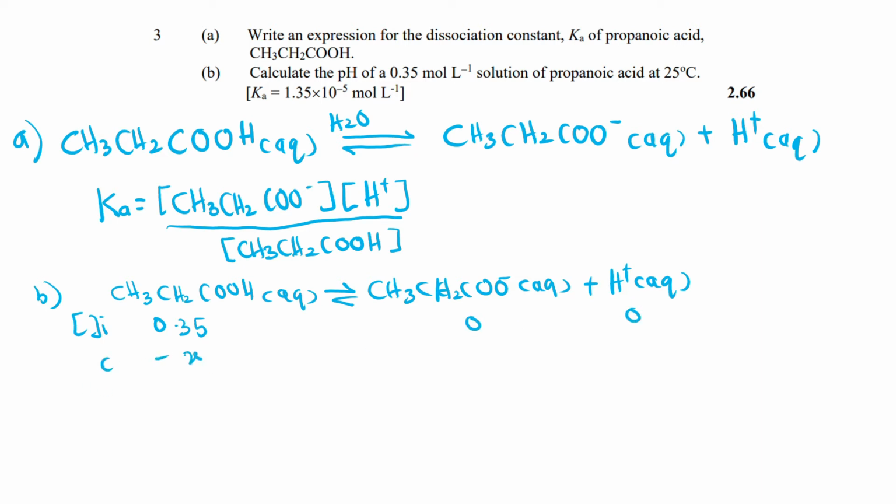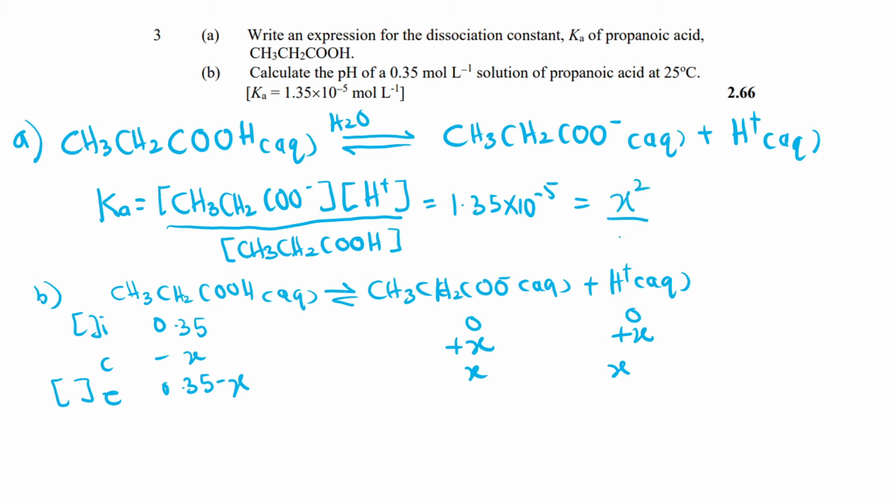The change is minus X, and plus X, plus X. At equilibrium, the concentrations are 0.35 minus X, X, X. We put them into the Ka expression, where Ka is concentration of products over reactant. So 1.35 exponent negative 5 equals X square over 0.35 minus X, where H plus is represented by X and CH3CH2COO minus is represented by X.